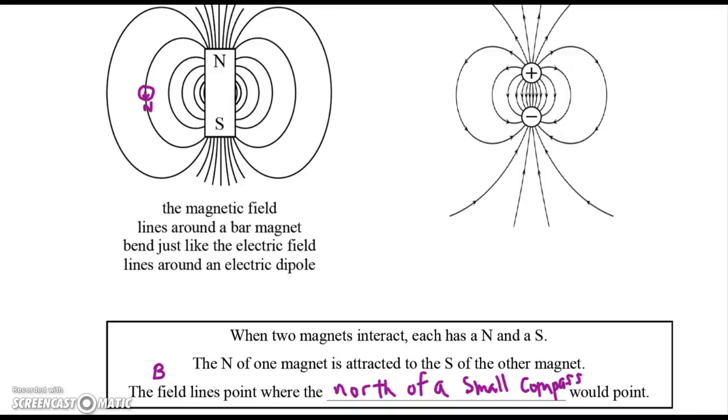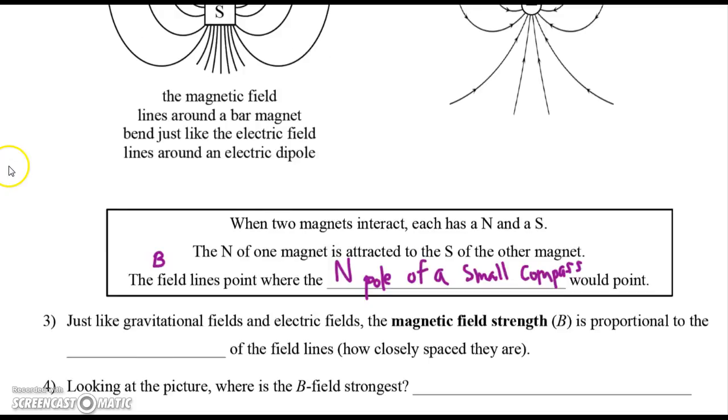That's the answer. And I'm going to change this to N pole, where the north pole. So take a moment and, number 3 and number 4, take a moment to answer those two questions.